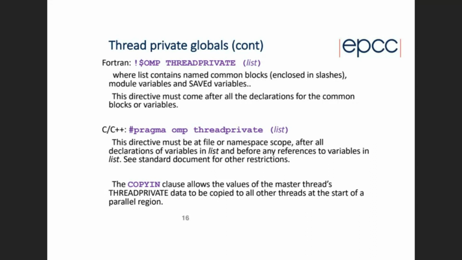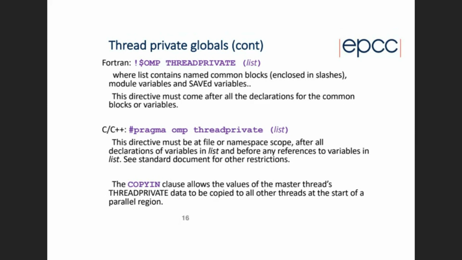But it can be a way of getting around having to, the alternative might be to make private copies of these things on a parallel region, and then pass those private copies around everywhere through argument lists. And the prospect of doing that to a big complicated code might just be intractable.